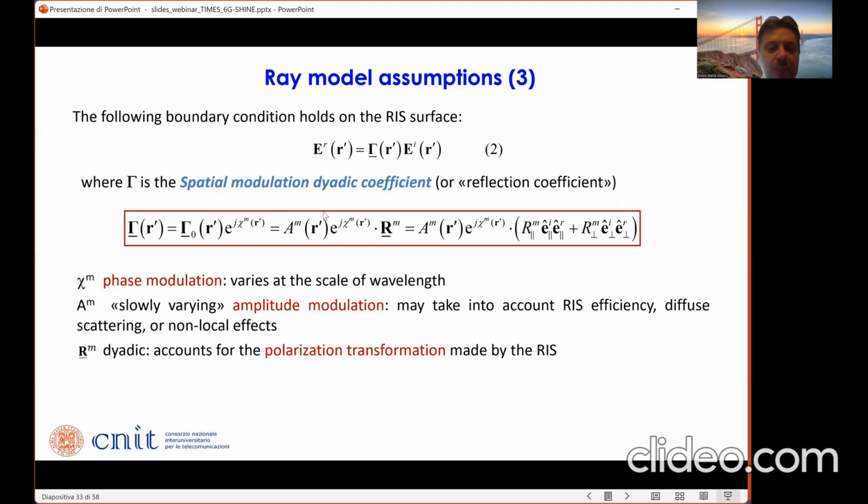So, for example, power exchanges between different tiles of the surface. With this amplitude factor, we are able to take into account all these effects. And the last factor is this dyadic Rm, which can change the polarization of the incident field into another polarization.